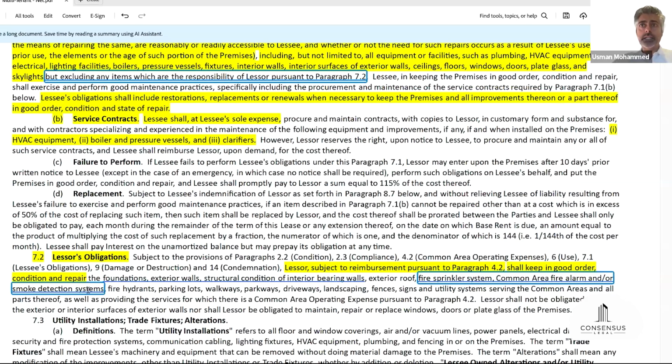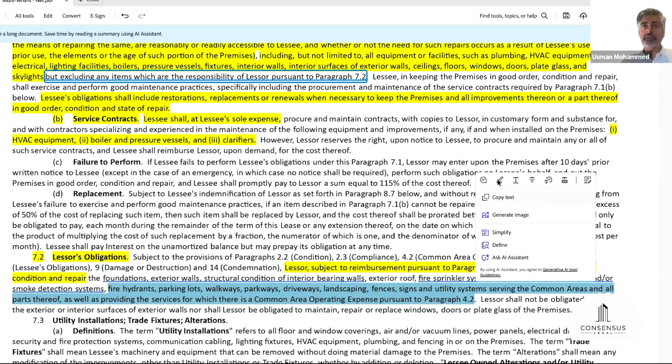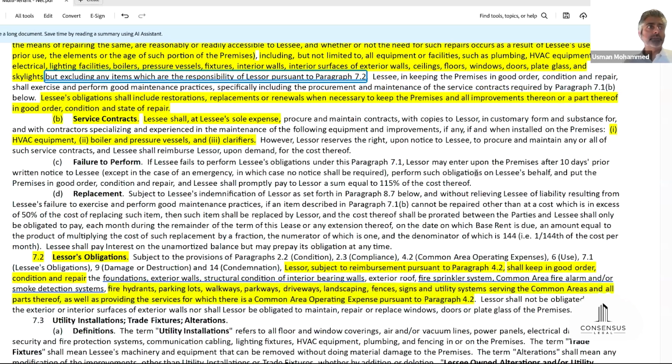To the extent those aspects are within the premises, like a fire sprinkler system, in that scenario, lessee is not responsible to repair and maintain that. It is lessor. And these other areas lessor is responsible for can generally be described as common areas, exterior areas, etc.